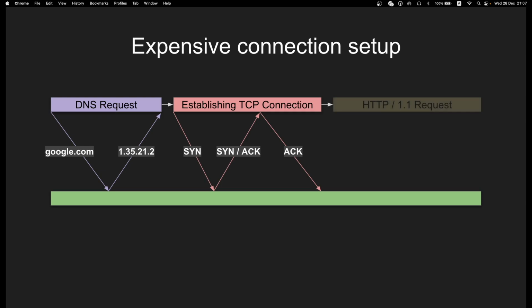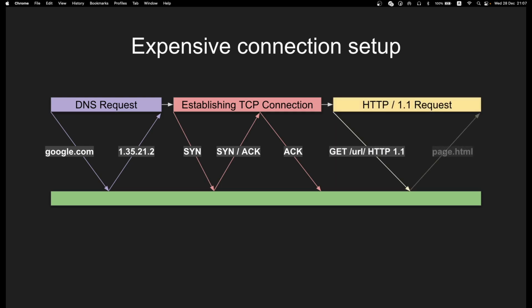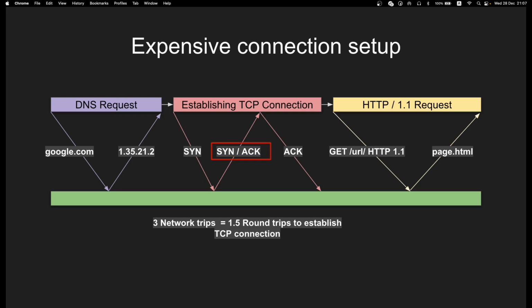TCP requires a three-way handshake to set up. Let's look at the picture to understand the issue more. The client sends the sync message that tells the server the sequence number it should expect in all future TCP packets from the request's base. The server acknowledges the sequence number from the client and sends its own synchronization request, telling the client what sequence number it will use for its messages.